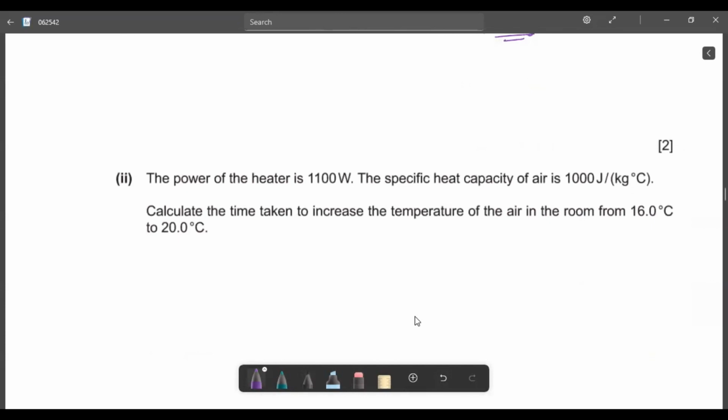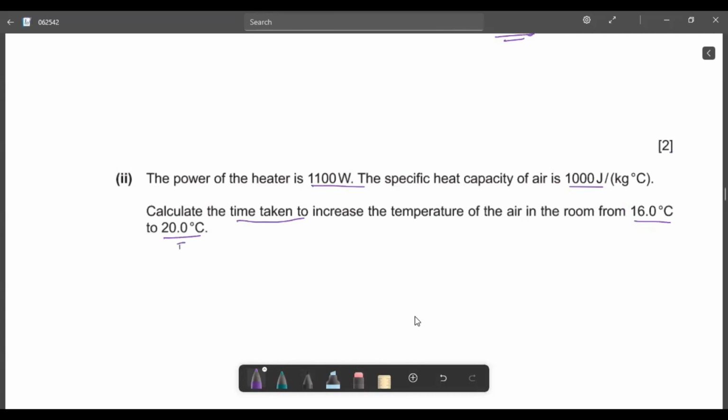The power of the heater is 1100 watt. The specific heat capacity is 1000 joules per kilogram degree Celsius. Calculate the time taken to increase the temperature of the air in the room from 16 degrees to 20 degrees. So we need to calculate the time here.